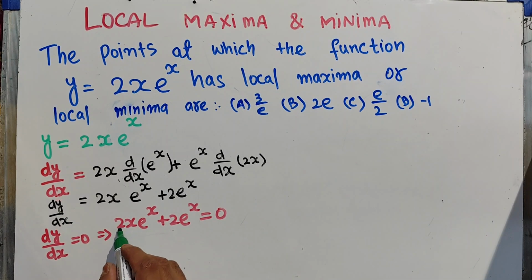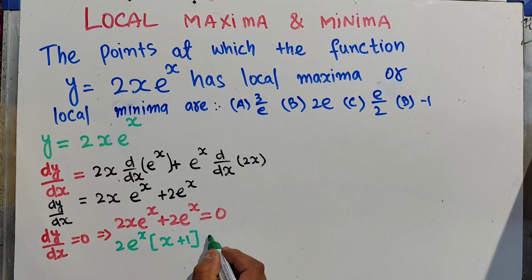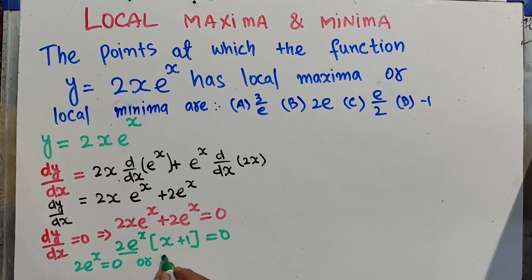Let's take 2 e raised to the power x common, we are left with x plus 1 is equal to 0.